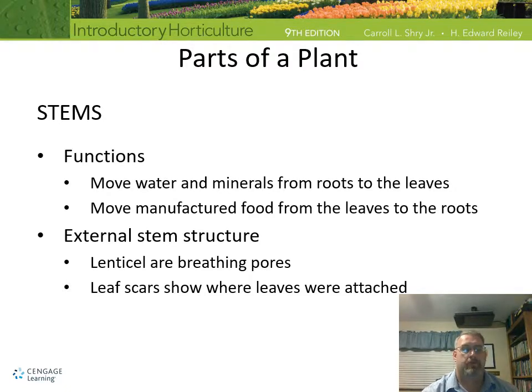In a tree, a stem will ultimately turn into trunks or heavy branches if they are left to grow long enough. In smaller plants, they just become another branch on a plant or a shrub. And in a small flower, these are going to be the stalk where the flower is ultimately attached.